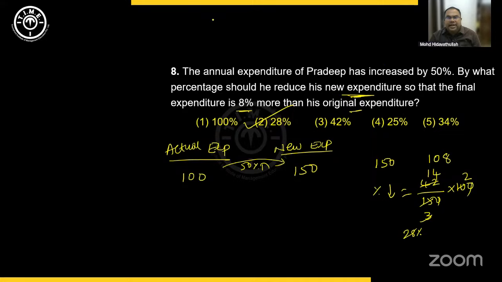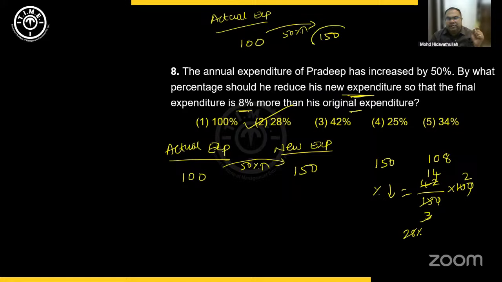Annual expenditure, actual expenditure. So you take 100. Now it has increased by 50%, so it will be 150. No doubt in this. Actual expenditure 100 will increase by 50%. Correct answer, Gautami, 60%, right? So by what percent should he reduce the new expenditure so that the final expenditure is 8% more than original expenditure?